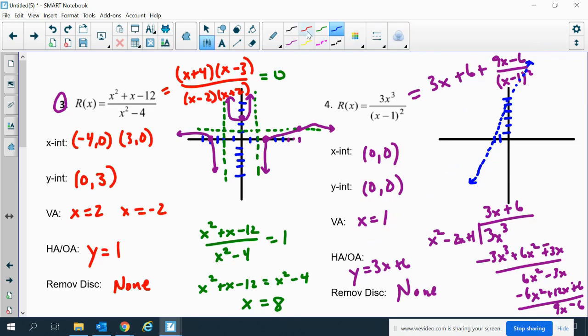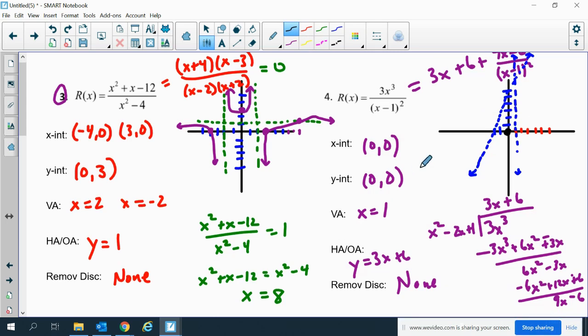I have a vertical asymptote at x equals 1. And then I have intercepts. I should graph that in a different color. At (0, 0).